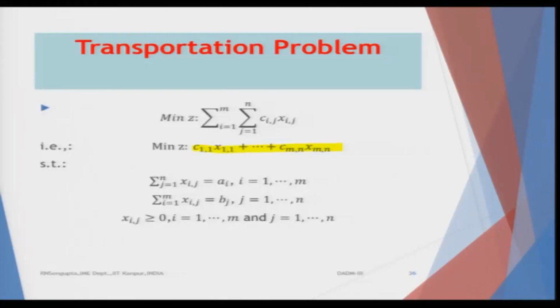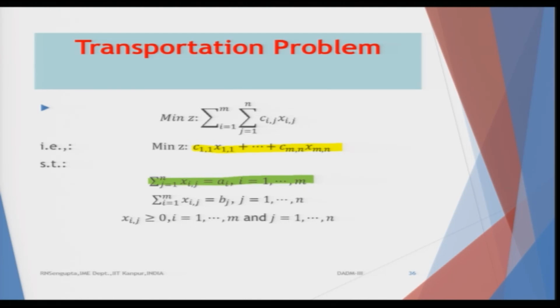Similarly, for the last row, the total amount being transported from the mth origin to all the destinations 1 to n, if I add up, becomes exactly equal to A_m. So, here I have the equations corresponding to the rows, and how many such equations are there? There are m equations corresponding to the m origins, that means there are m such constraints in the first set.